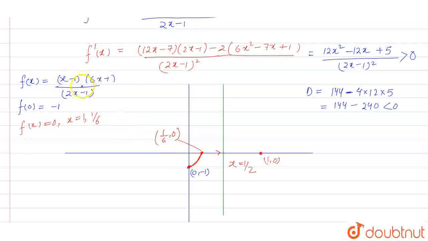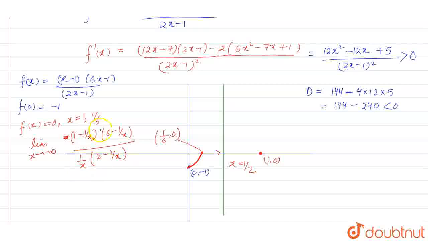And as x approaches minus infinity, if you observe, dividing by x, this will give you (1 minus 1 by x)(6 minus 1 by x) divided by (1 by x) into (2 minus 1 by x).